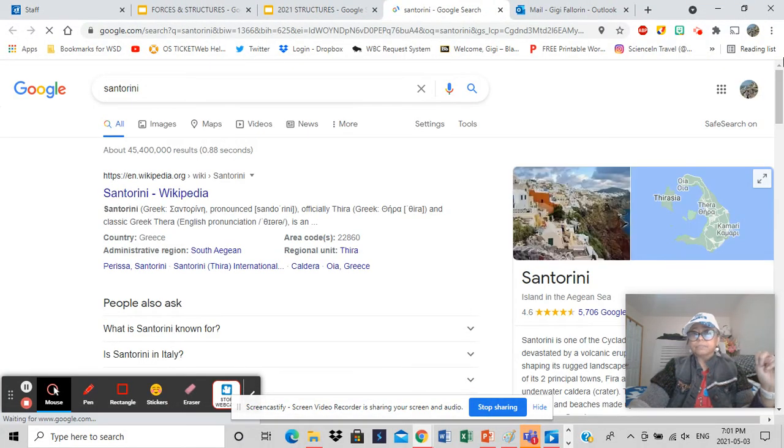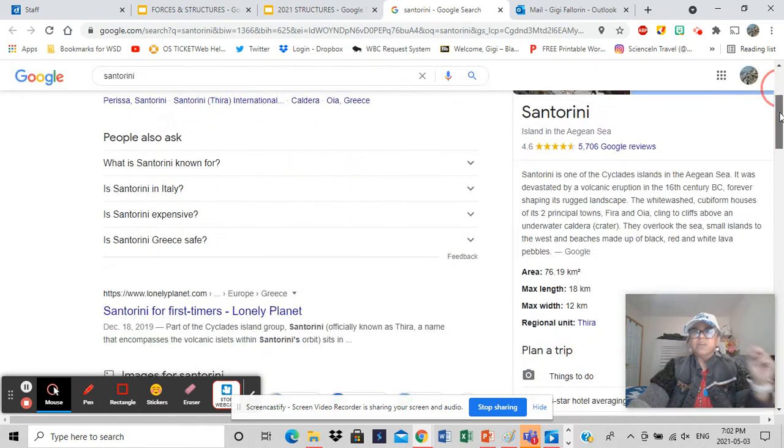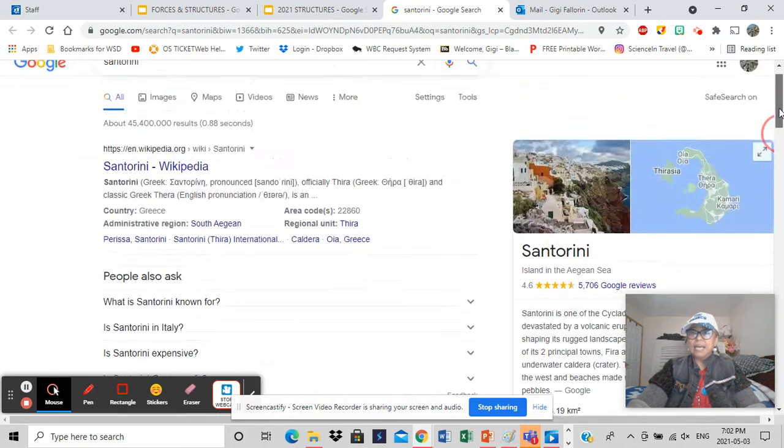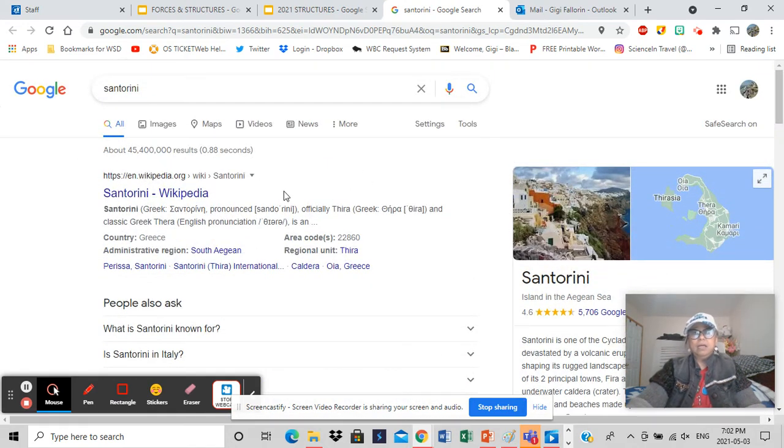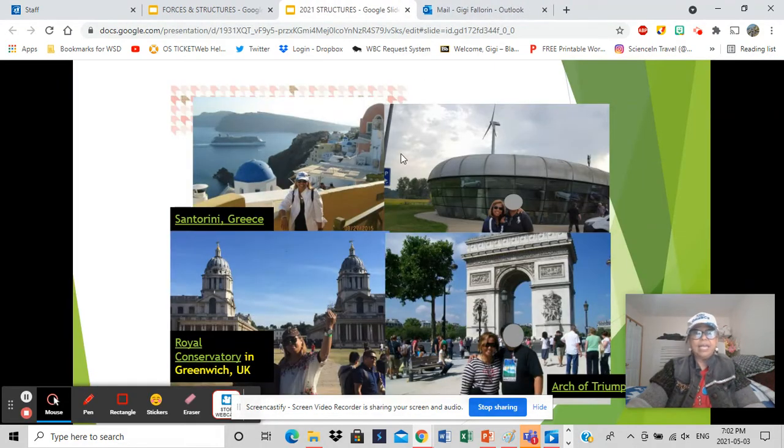And where is Santorini, Greece? Santorini is one of the Cyclades Islands in the Aegean Sea. It was devastated by a volcanic eruption, forever shaping its rugged landscape. It's again one of those popular tourist spots of the world.